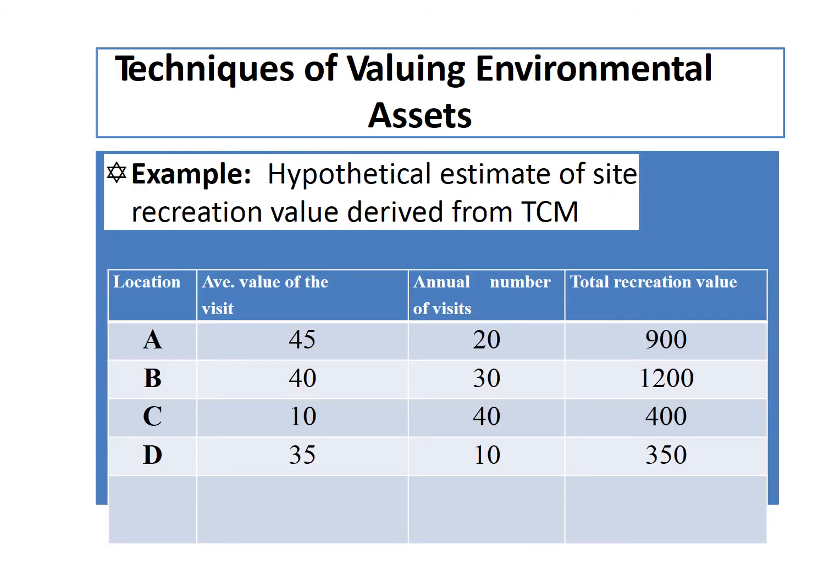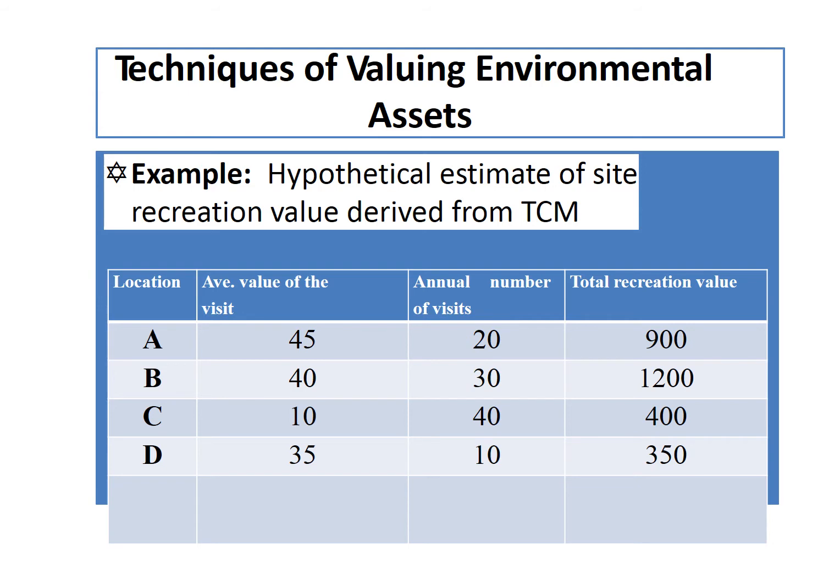Let's look at an example of how we can calculate the value of a recreation site using the TCM method. Suppose that we have four locations, A, B, C, and D. Let us look at A. Suppose the average value of a visit, that is the average transportation cost plus the admission cost per annum, is only 45, and the annual number of visits is 20.